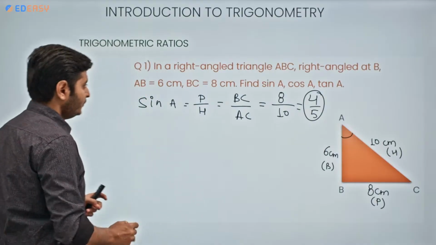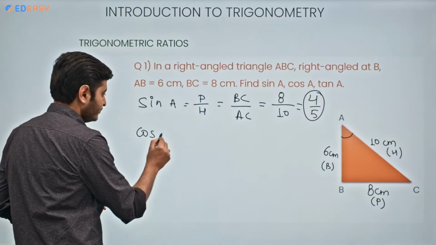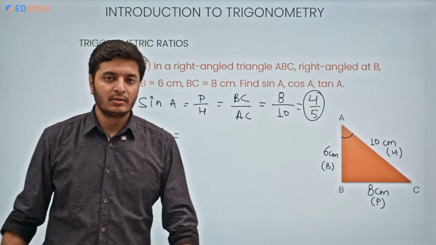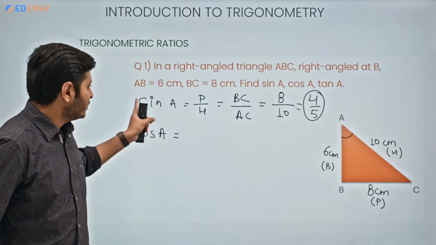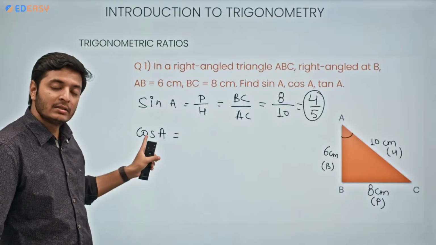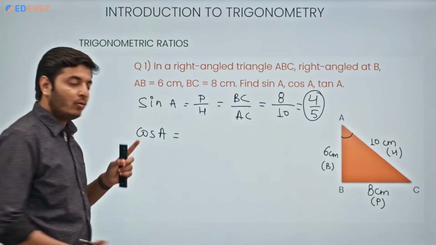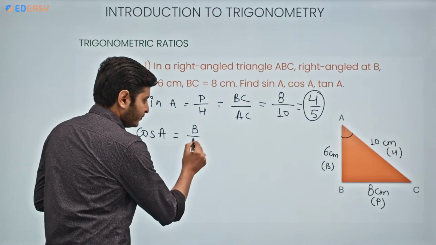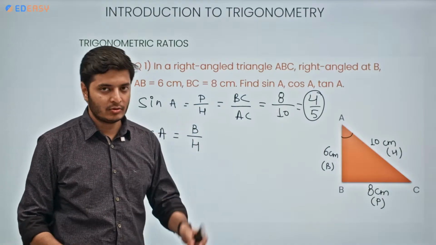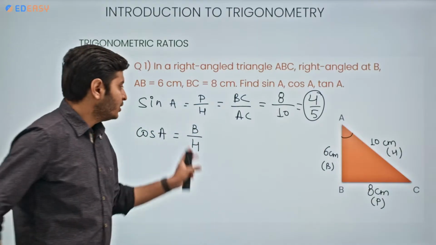Now, cos A. Remember, some people have curly brown hair, meaning cos, brown. So cos A would be B by H, or base by hypotenuse.